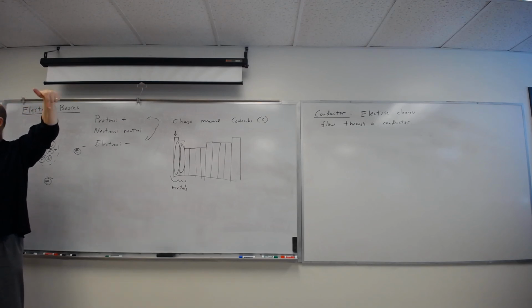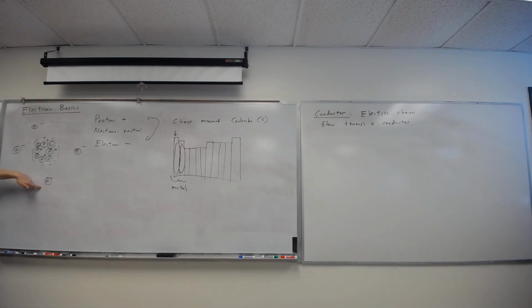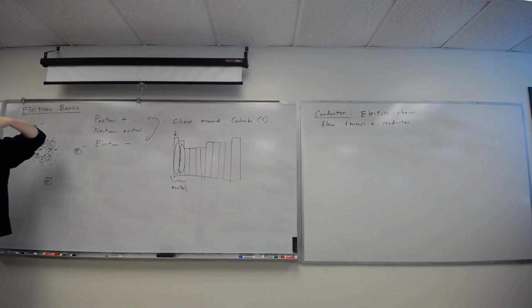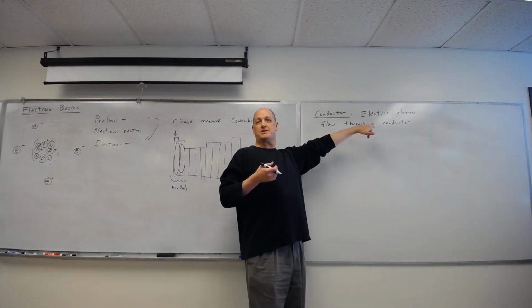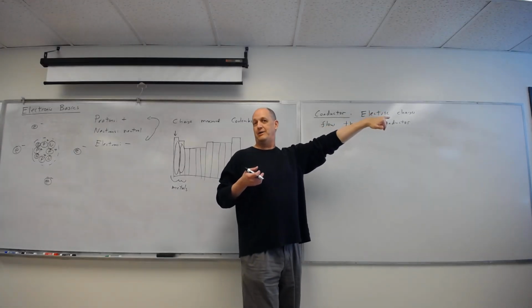We can get charges moving because why? Because the electrons have charge. I mean, that's the basics of it right there. Electron gets some energy, hops over to the next atom, and they start hopping and they just kind of flow along. My electrons are flowing through this conductor very much like water would flow through a pipe.